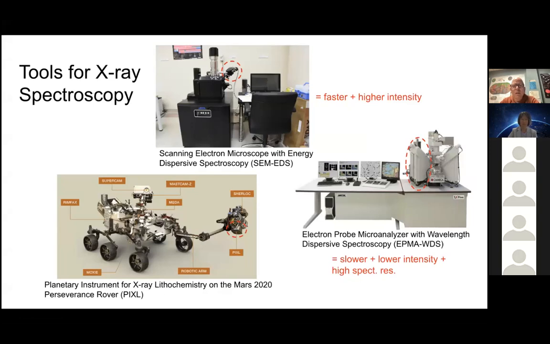This instrument here on the right is called an energy dispersive spectrometer, and it's capable of measuring multiple energies representative of different elements simultaneously. It can do a really good job creating maps very quickly, and it produces a very high intensity X-ray signal.